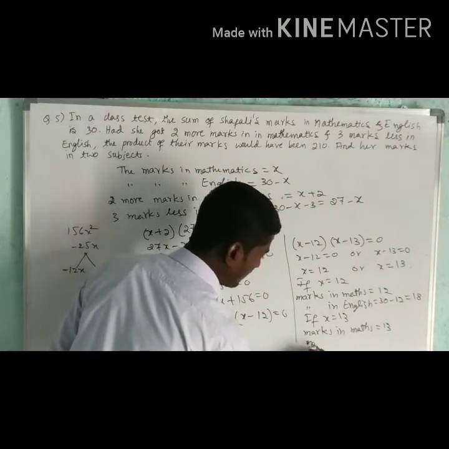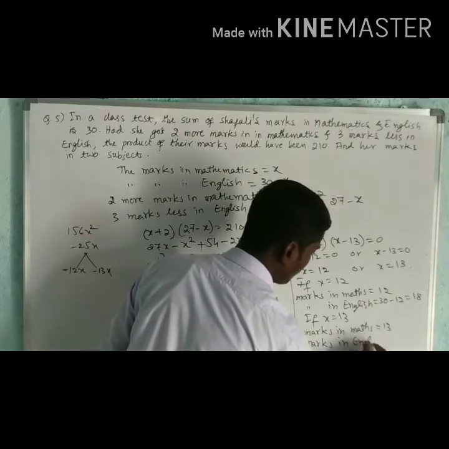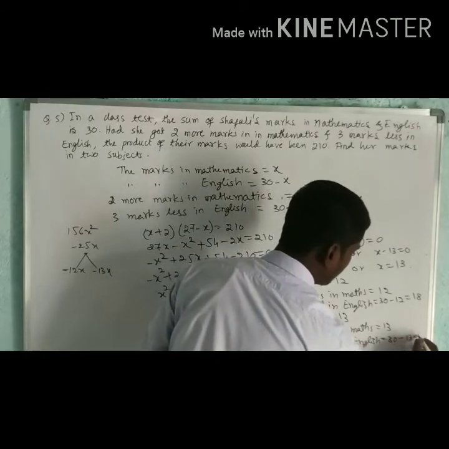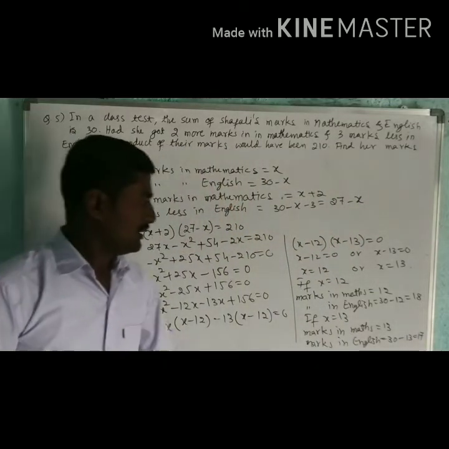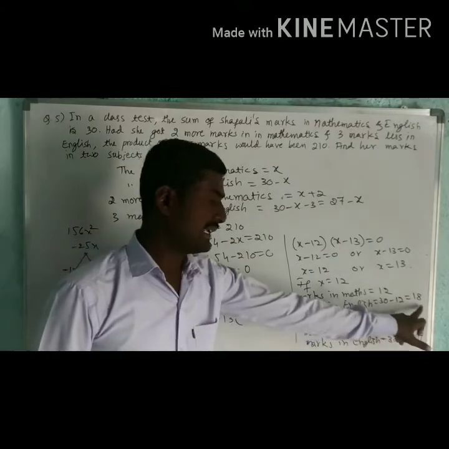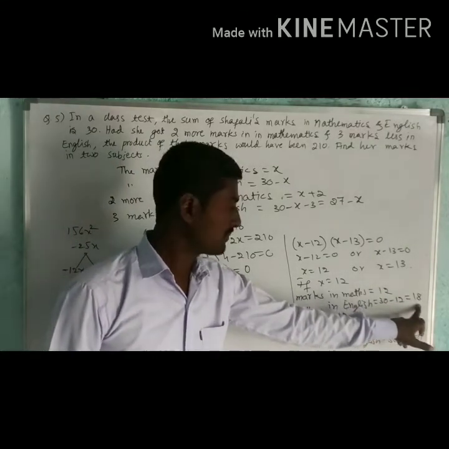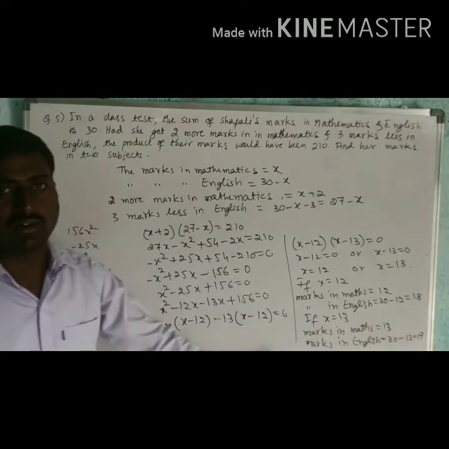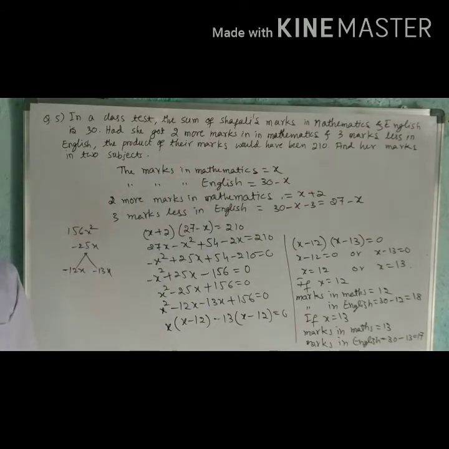Now marks in English, that is 13 minus 13, that is almost 17. So here 12, 18. So marks 12 and 18. Otherwise 13, 17. These are the two possibilities of getting marks in mathematics and English.